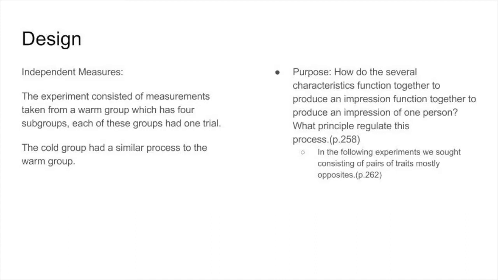Some strengths of using independent measures for the design include how their procedure was simple enough to explain to multiple people, meaning that even though they had many groups, each time they had to brief the participants, the briefing was simple.